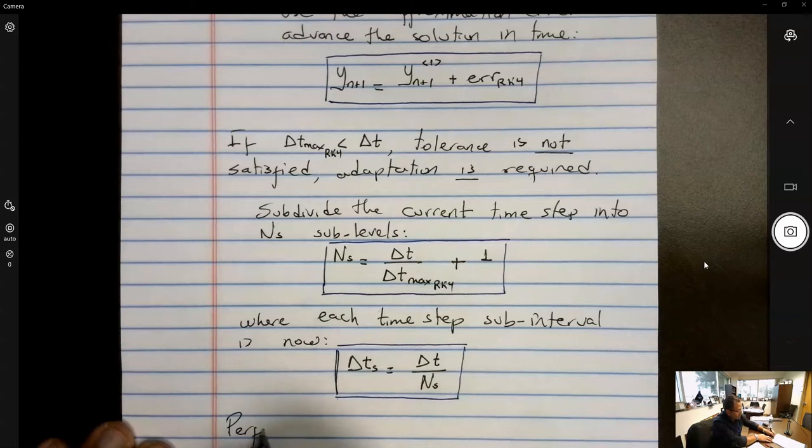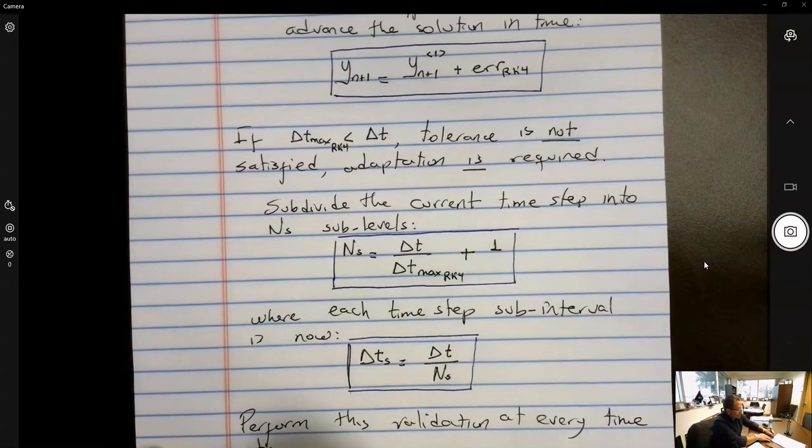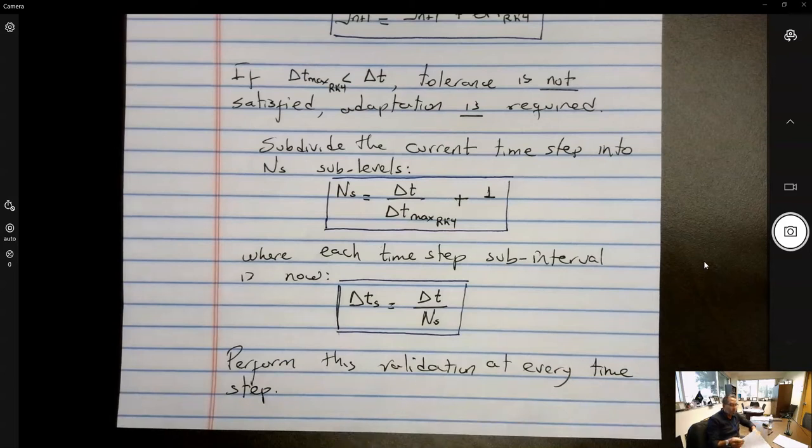Perform this validation at every time step. Every time you loop the solution to a new time level, you're going to perform this validation.